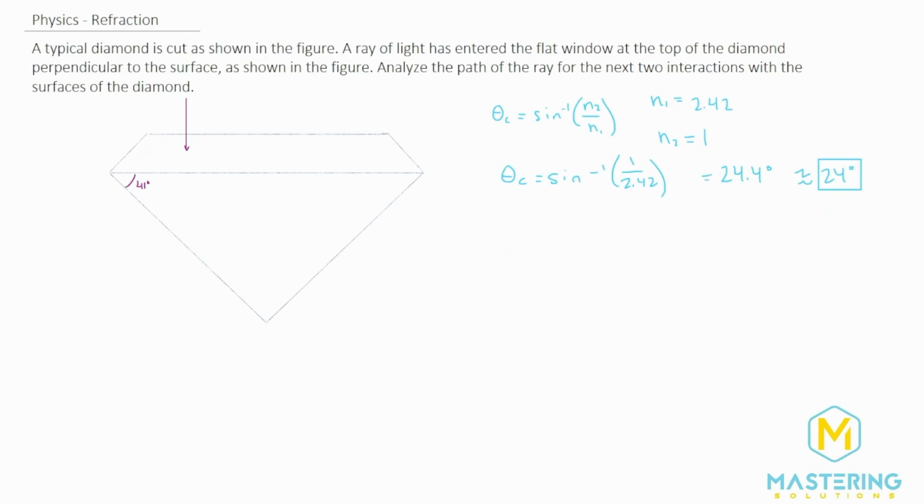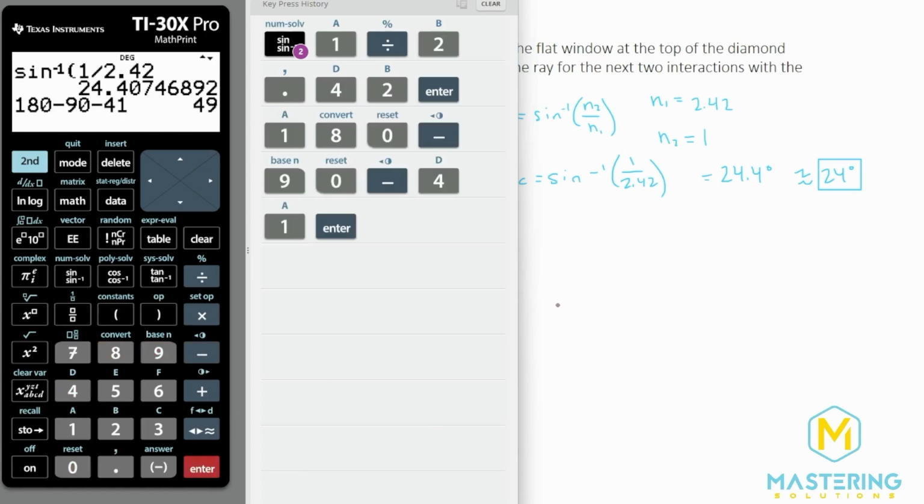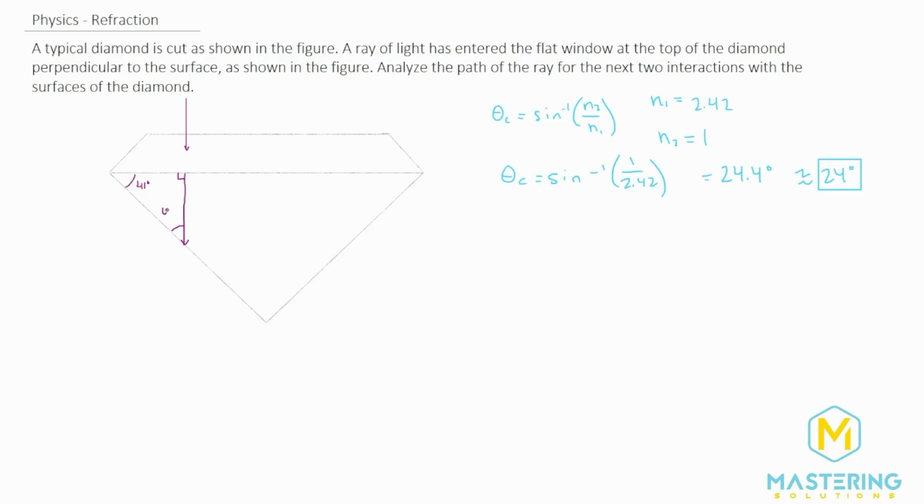As the light is coming in here, it's going to come straight down. We have it perpendicular to this line. So we can create a right triangle here. So here's 90, and then this angle is going to be 90 and 41, so 180 minus 90 minus 41. So that angle is 49 degrees. And that angle is not the angle that we're looking at, because remember, it's from the normal out to the ray.